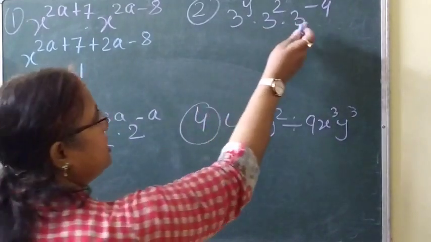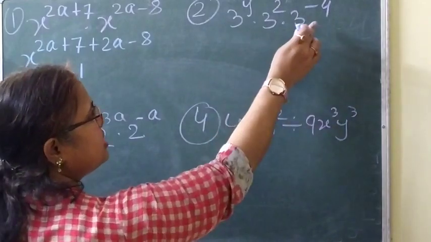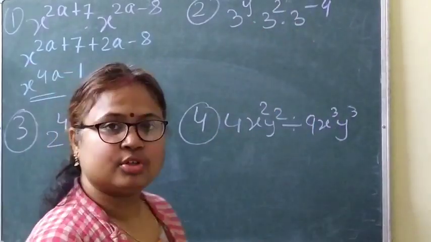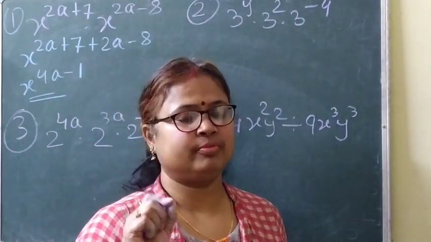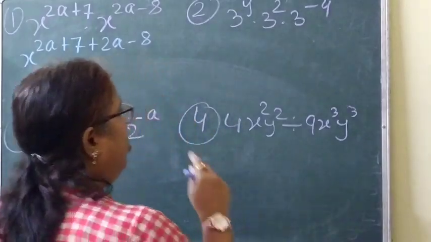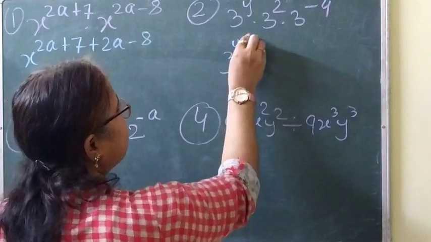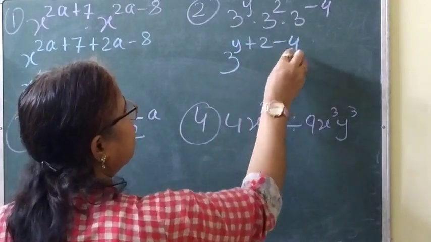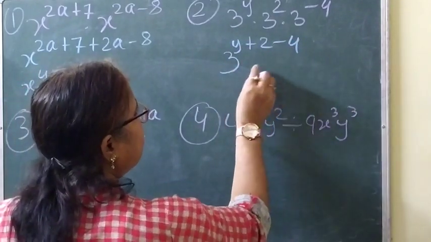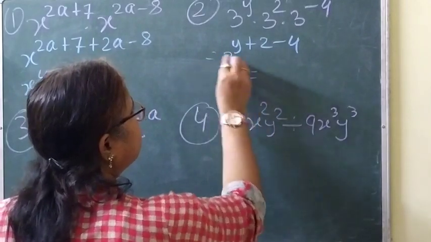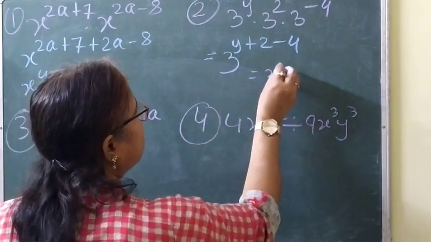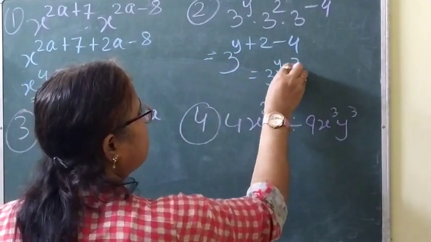Clear? In this type of question, how will we solve? Bases are same here. Again, we will use the concept: when the bases are same, we will add the powers. Y plus 2 minus 4. Clear? So, what will we get here? We will get 3 to the power y minus 2.